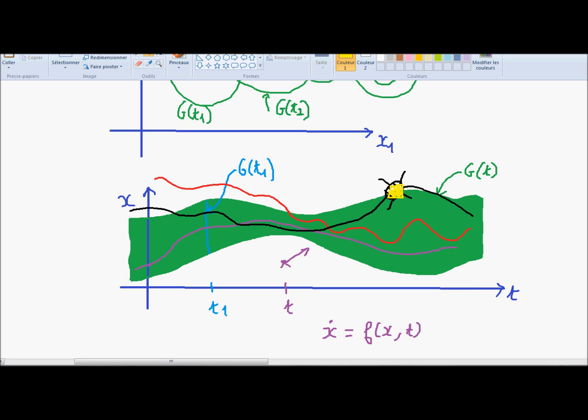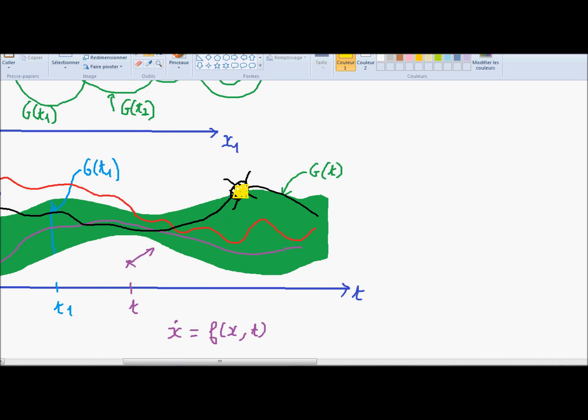I want to prove J is not a capture tube, but I want to compute the smallest capture tube which encloses J. So what can be done for this? I take this yellow part and I will integrate them using guaranteed integration. Okay, so I will integrate all the boxes.